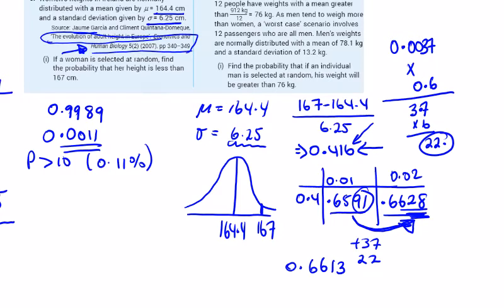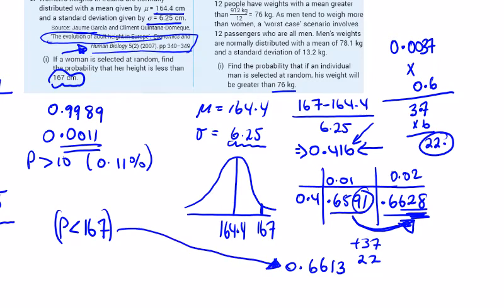So that's my probability of the woman being, what did we test? 167 against the average of 164.4. The probability that her height is less than 167 is equal to 0.6613 to be 100% accurate.